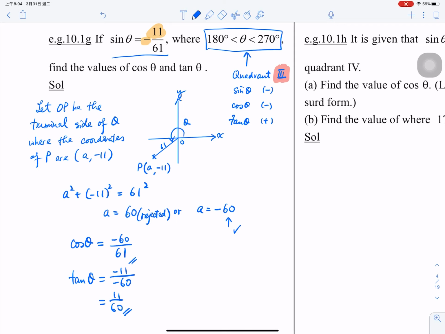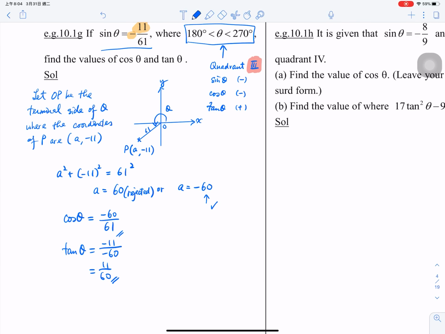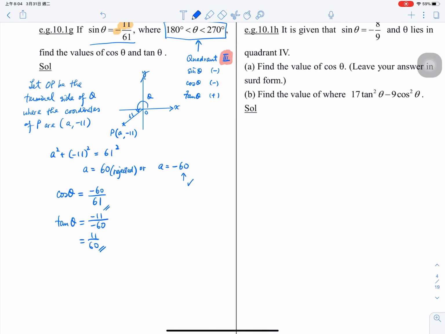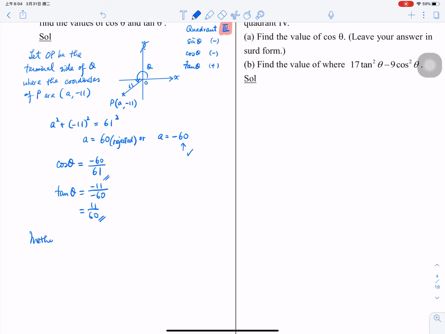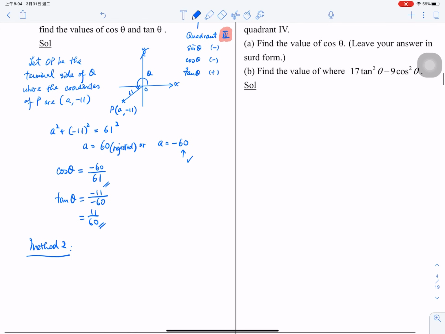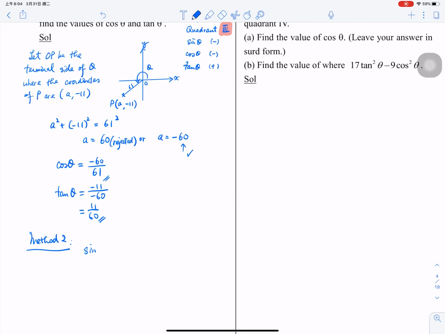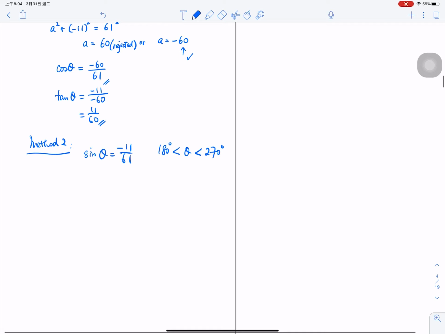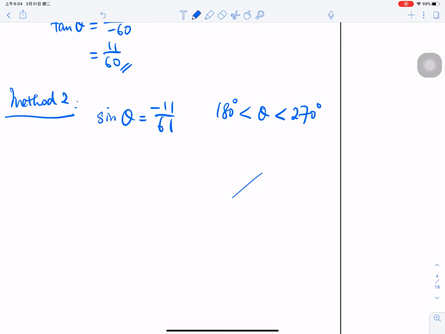Okay, this is one method that you can use, and I will teach you method 2 by using a right-angled triangle. Let's see. Method 2. Now you know that sine theta equals negative 11 over 61, where theta lies in 180 to 270 degrees. So you think, okay, we can use a right-angled triangle?